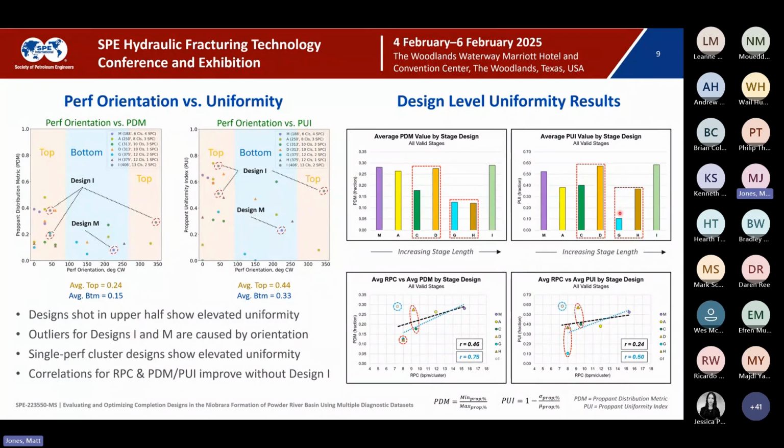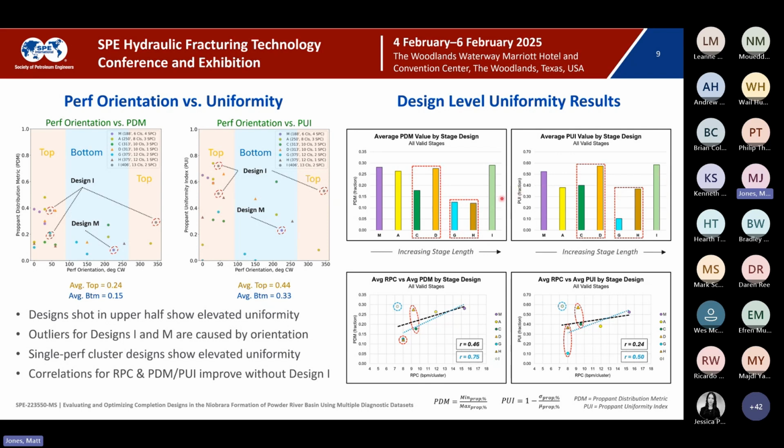But again, when we make the change going from multiple perforations per cluster to a single perforation per cluster, we can see another uplift. Design I is just the unfortunate outlier, which, as I just told you, is biased because it is the only design that has all of its stages perforated in the upper half of the casing. Every other design has at least 1 stage perforated in the lower half.